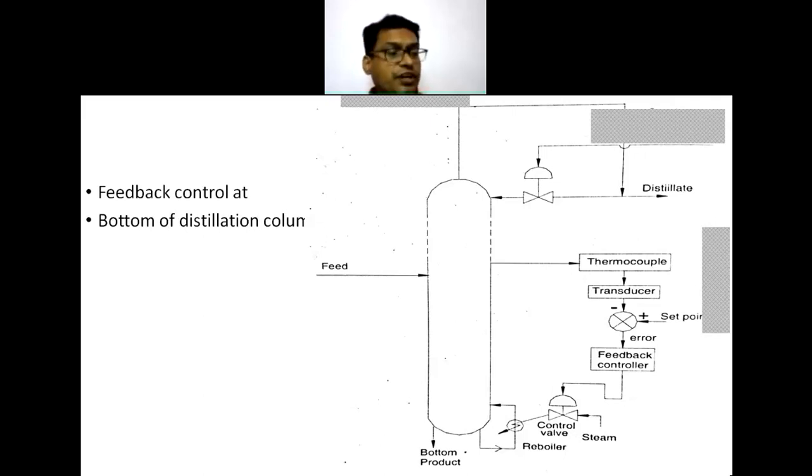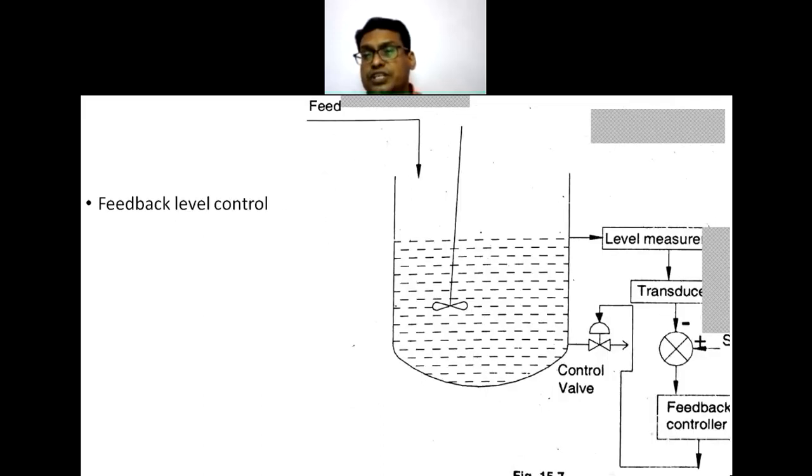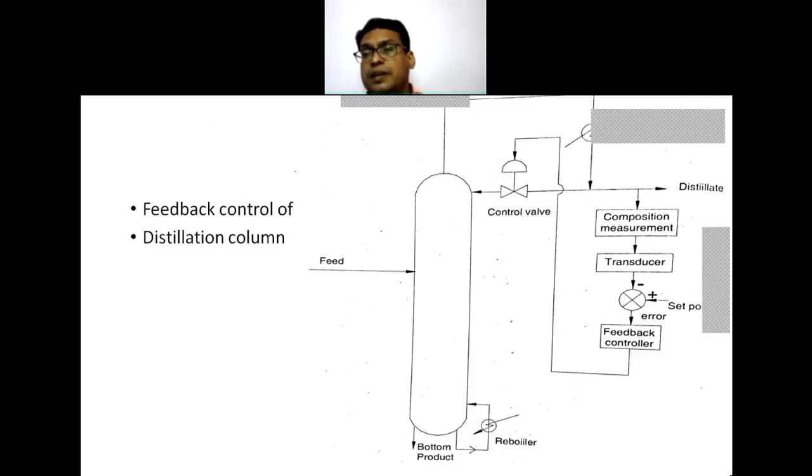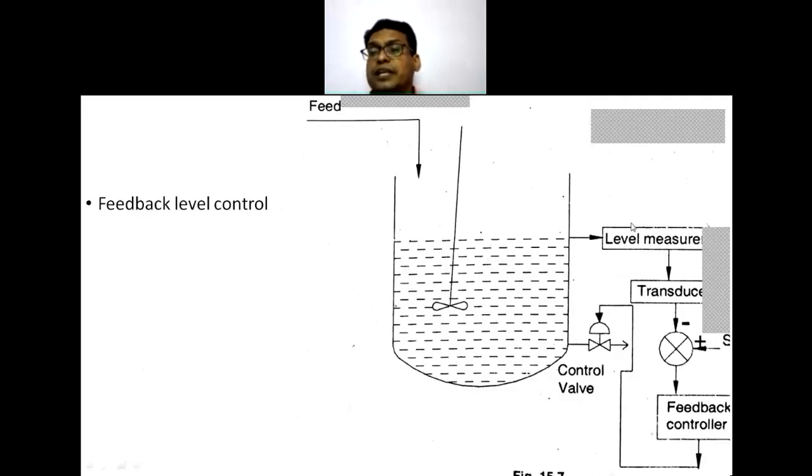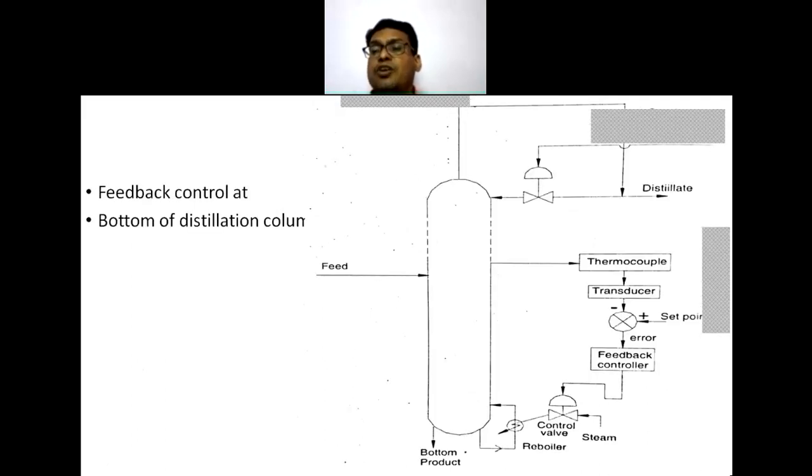So all these are different measurements. In the previous case of a distillation column, the measurement was the product composition. Now here the measurement is the temperature of the bottom material.